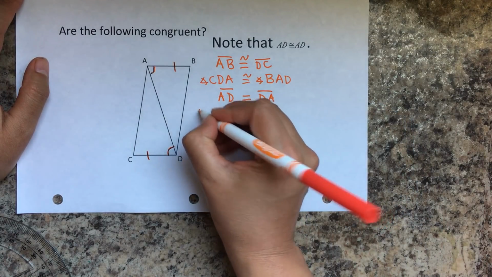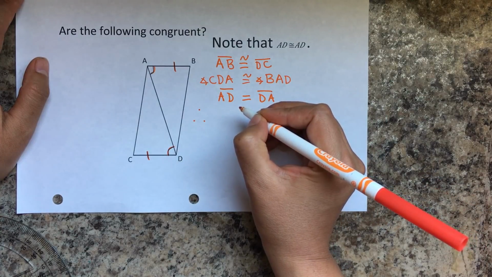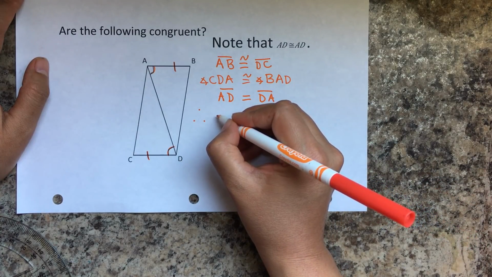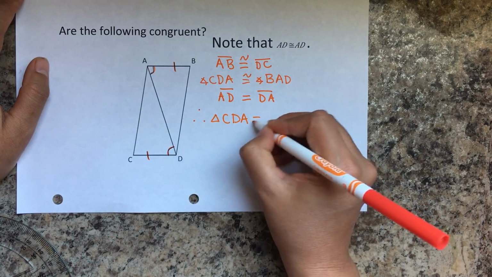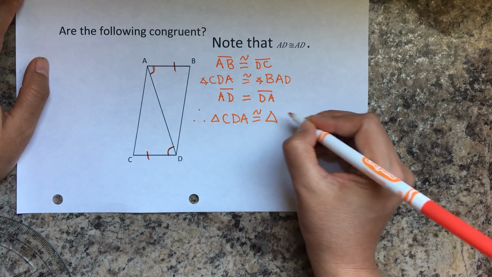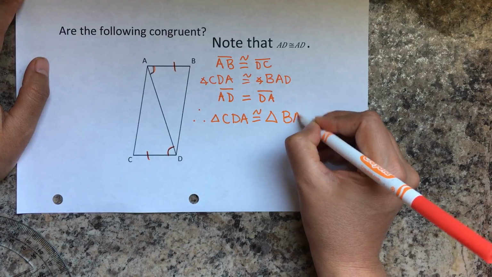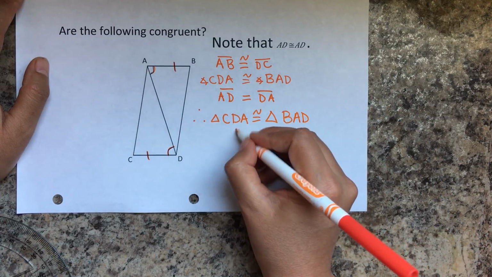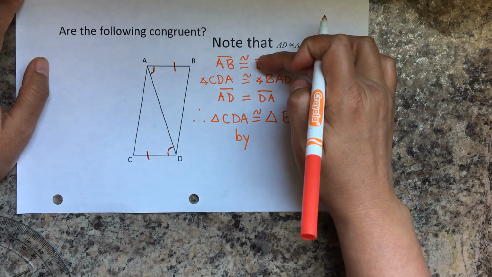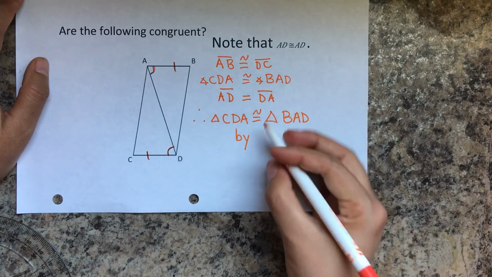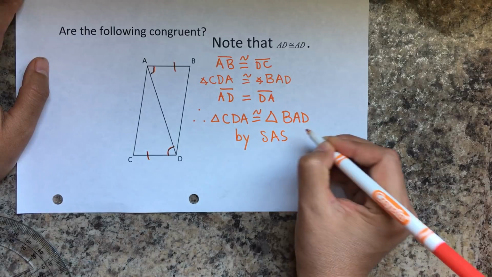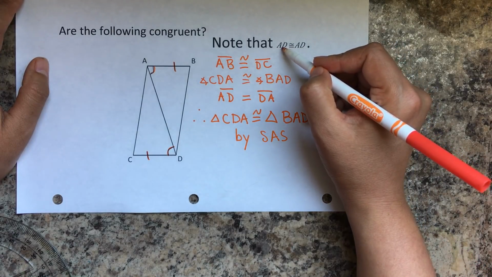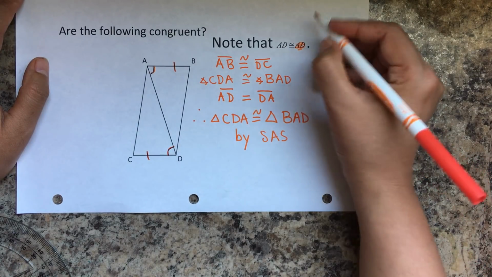And so we can say, therefore, triangle CDA is congruent to triangle BAD, and the reason is side, angle, side. I have a note in here, but it's actually backwards.